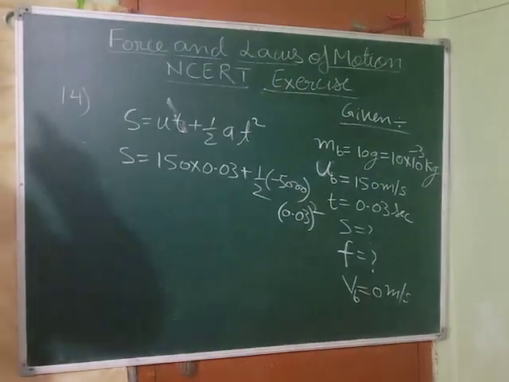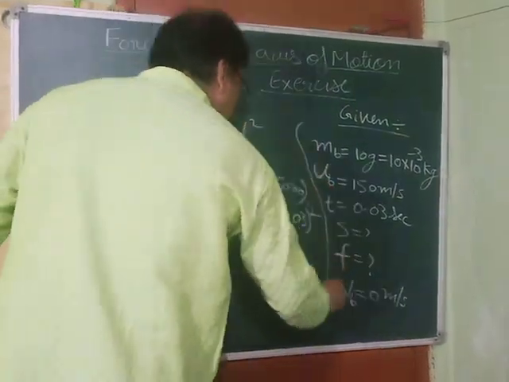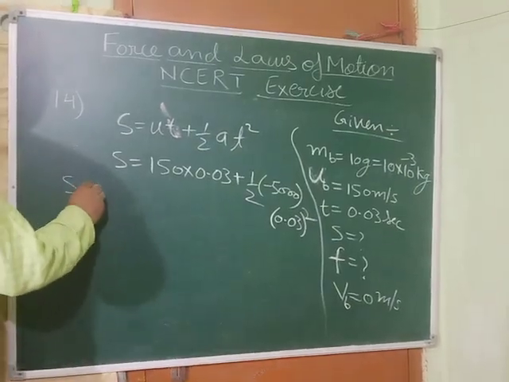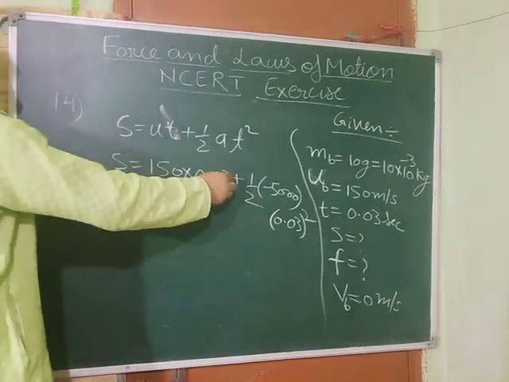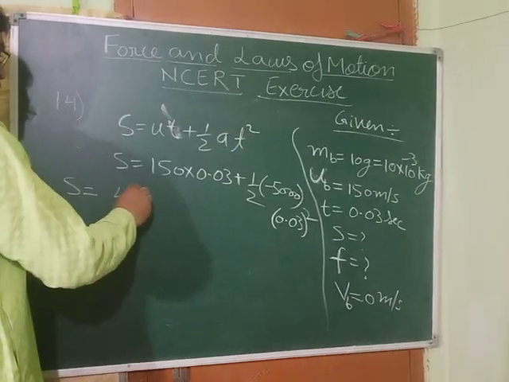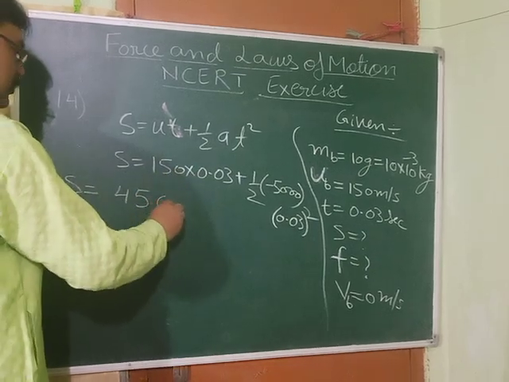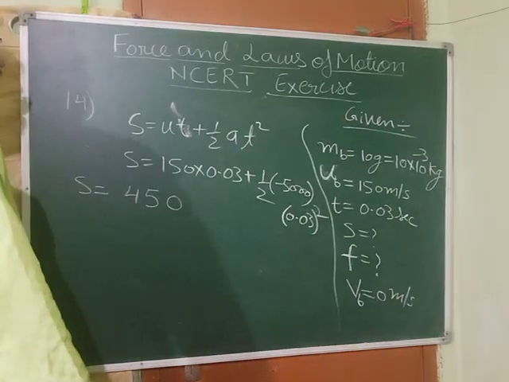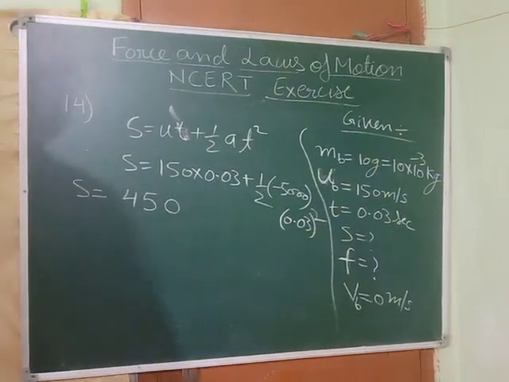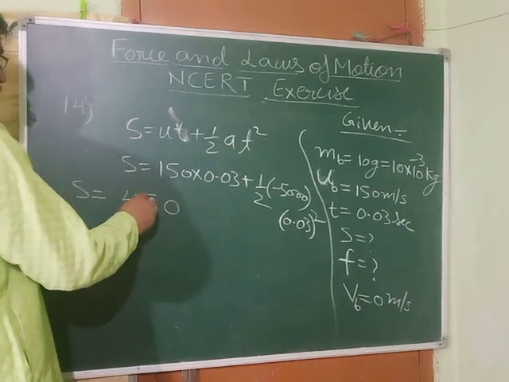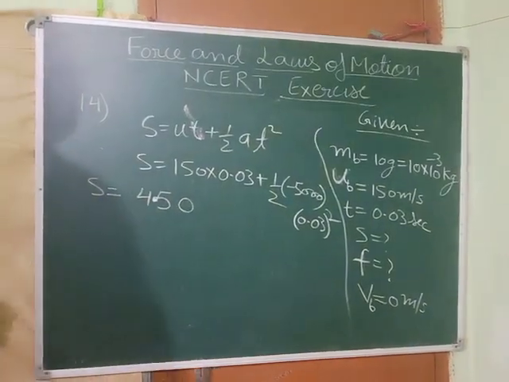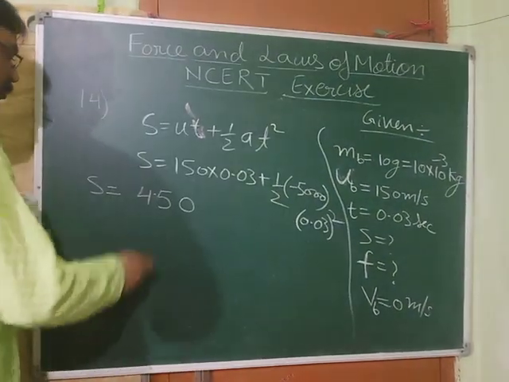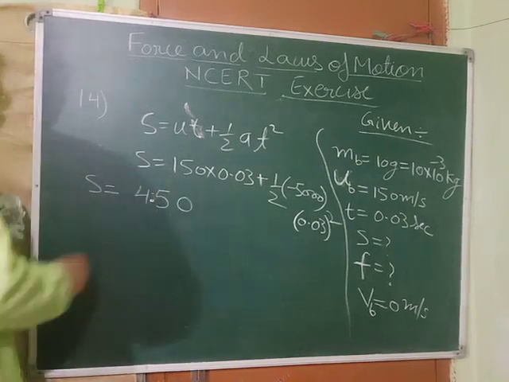Now I'm going to remove this. In this way we can put the value. This is our given, don't get confused. This is t square. So s is equal to, when you multiply this, 15 times 3 is 45. Decimal after 2 places, so you will get 4.5, which is 4.50.